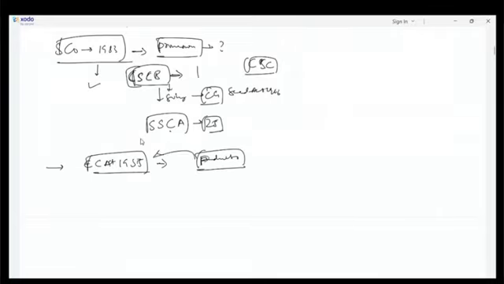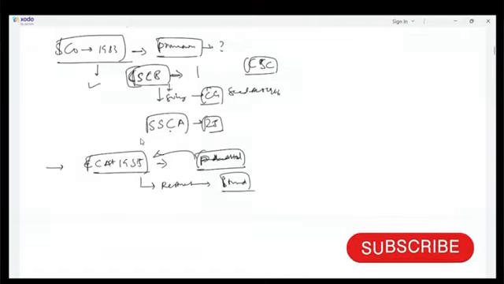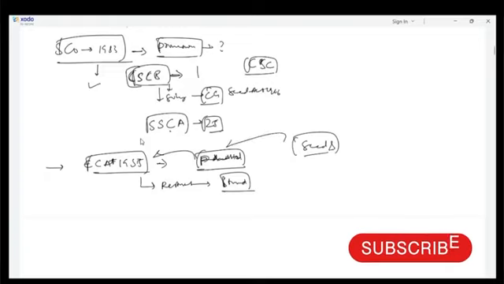When certain products are designated as an essential commodity, what is the first and foremost restriction on it? The restriction is that it cannot be stored, right? This is a major restriction if certain products come under the Essential Commodities Act. So in 1983, seeds were brought under the Essential Commodities Act.